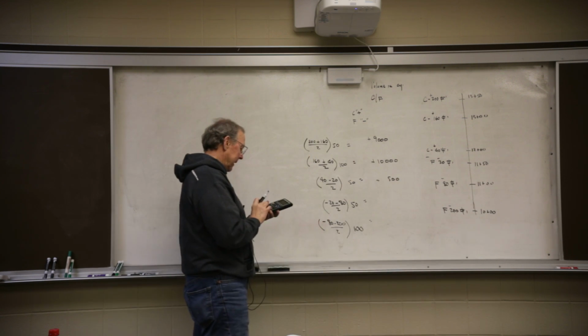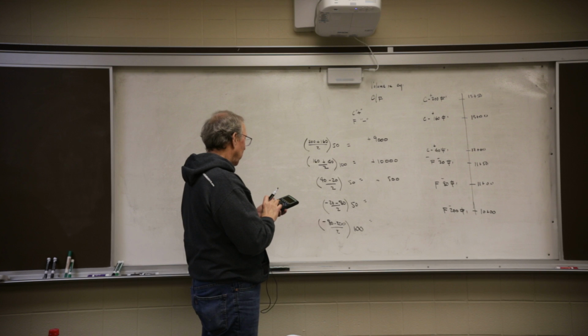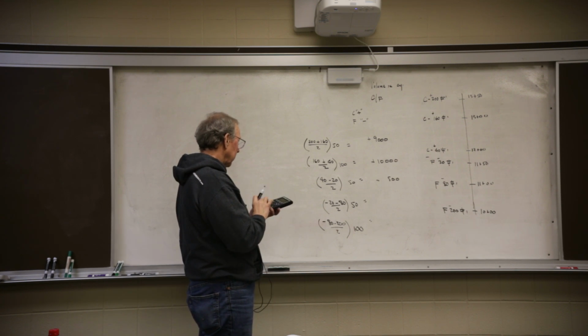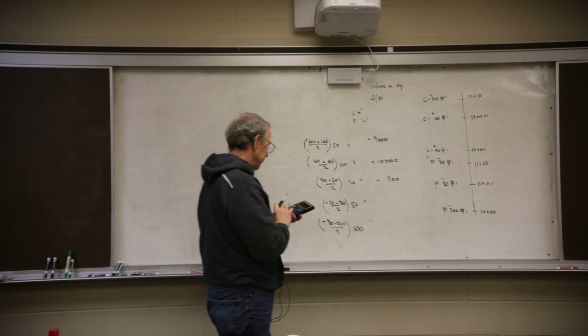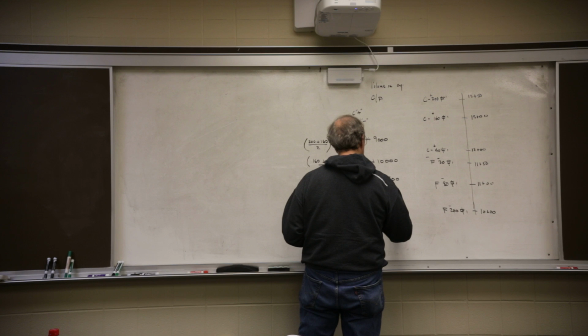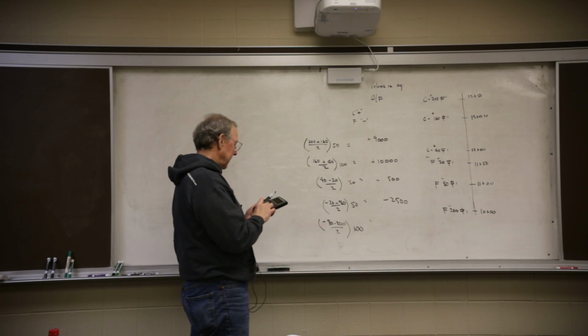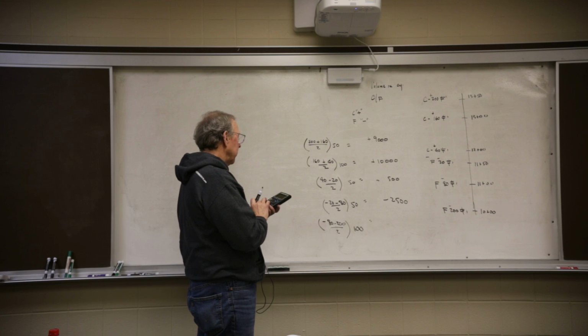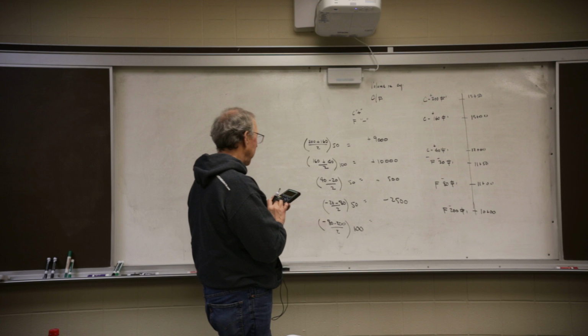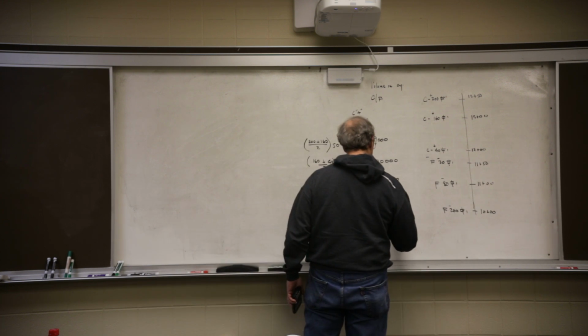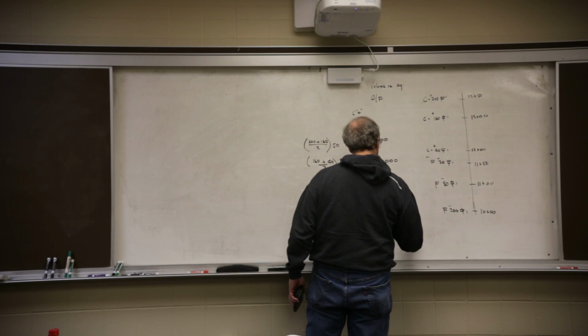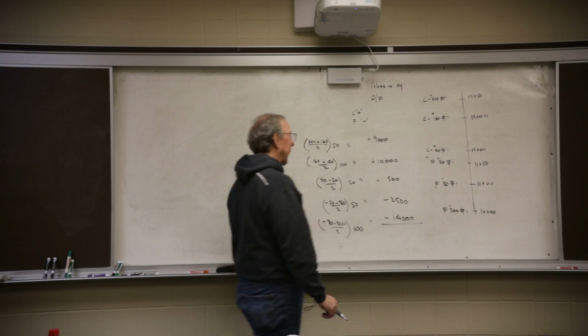Minus 20 minus 80 divided by 2 times 50, minus 2,500. Minus 80 minus 200 divided by 2 times 100, minus 14,000. Add up the string.